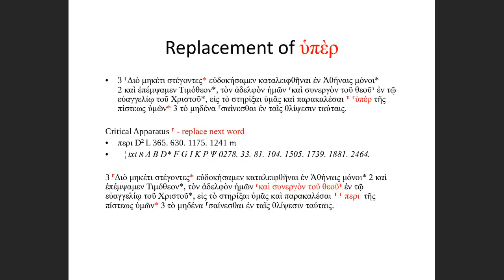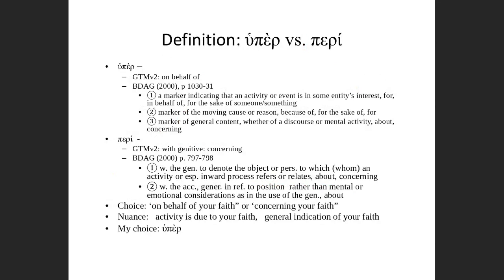Is this reasonable? Again, let's go through the same process. The process is, what is the definition? First, huper says on behalf of, a marker that an activity or an event is in some entity's interest, on behalf or sake of someone, a marker of moving the cause or reason forward, for the sake of, a marker of general content. Peri is a genitive, concerning, and the genitive notes the persons to whom an activity relates.